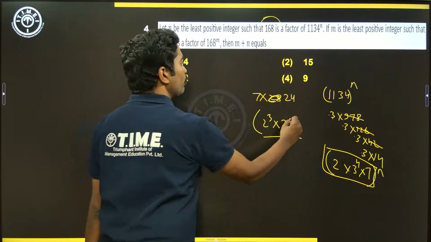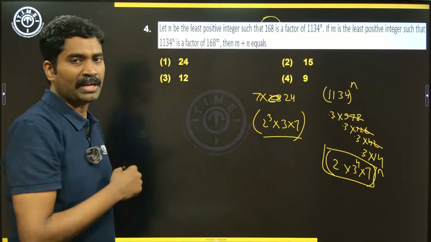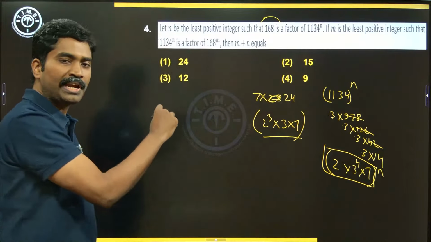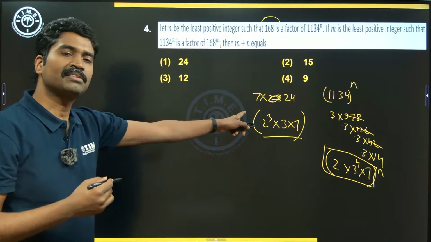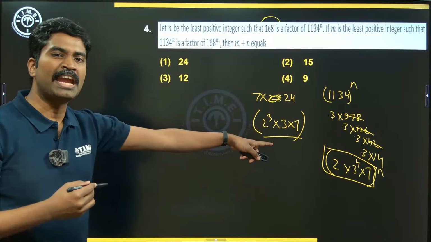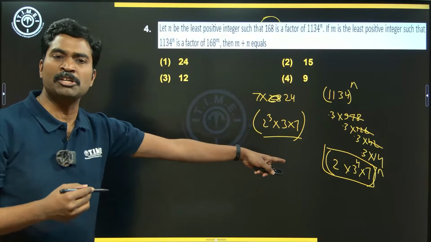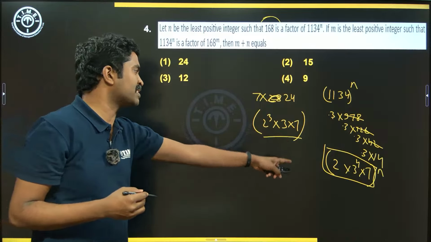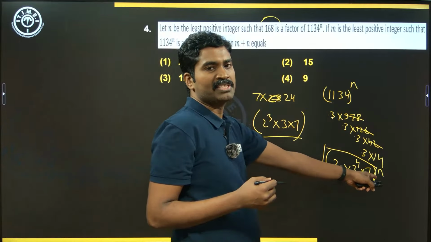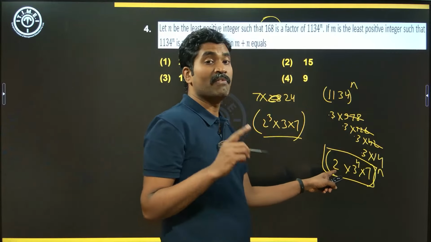And 2 cube into 3 into 7 is a factor of that number, right? For that, the number should have at least 3 2's. It should be at least divisible by 8, it should be divisible by 3 and it should be divisible by 7. Now it is already divisible by 3 and 7. I have a 3 here, I have a 7 here. But I have only one 2.